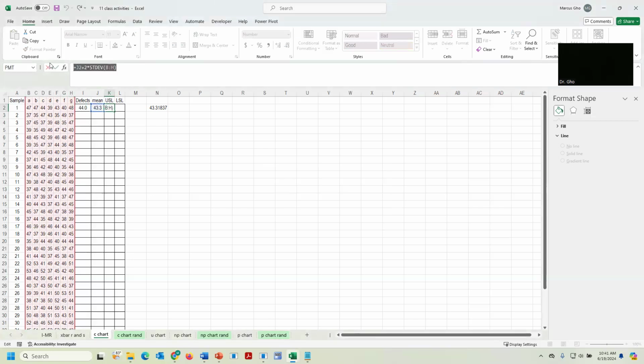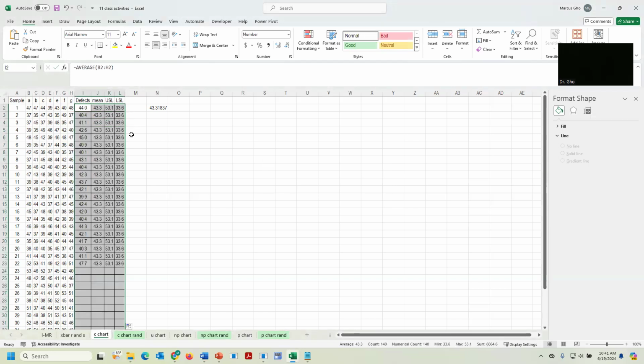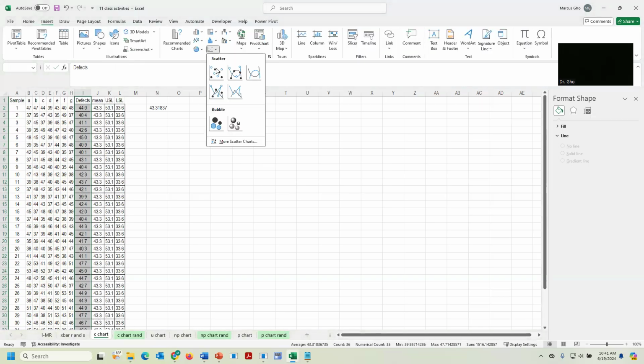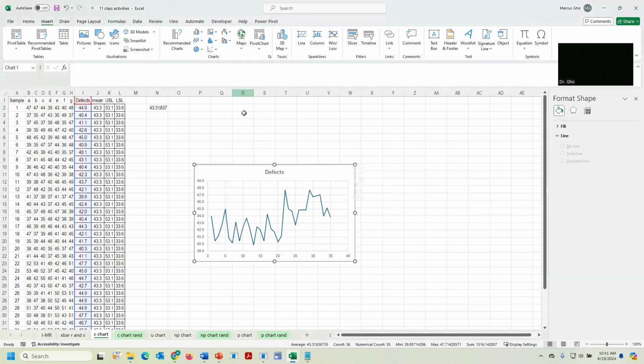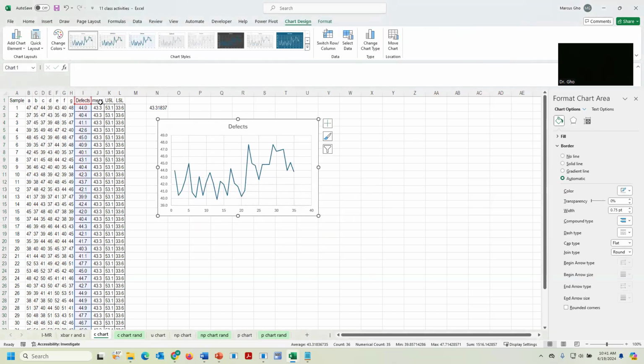And I will minus. I'll just copy this all the way down. If I'm looking at the number of defects, I can do insert. There's some defects that we have.